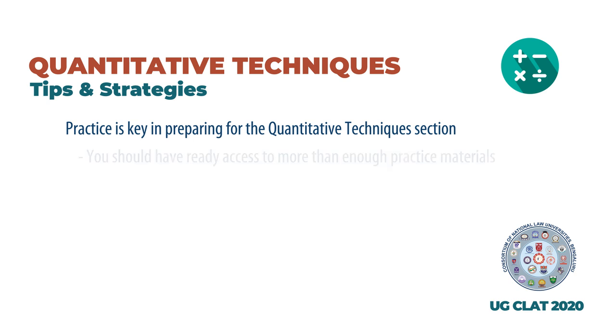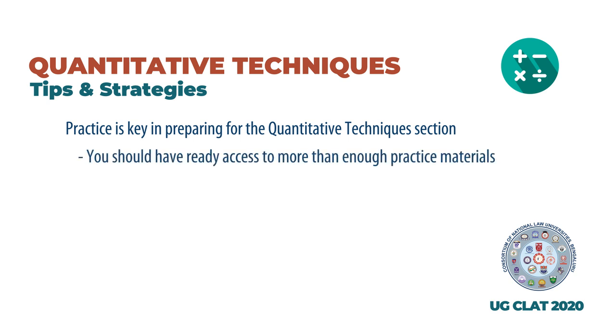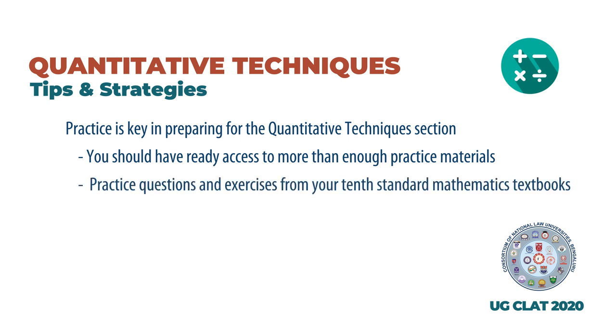And in this case, luckily, you should have ready access to more than enough practice materials. The best way to prepare for this section of the UG CLAT 2020 is to go back to your 10th standard mathematics textbooks and try and practice the questions and exercises in those books as much as possible.